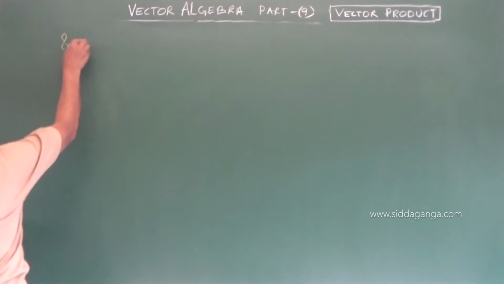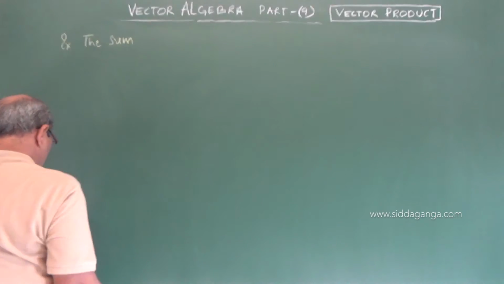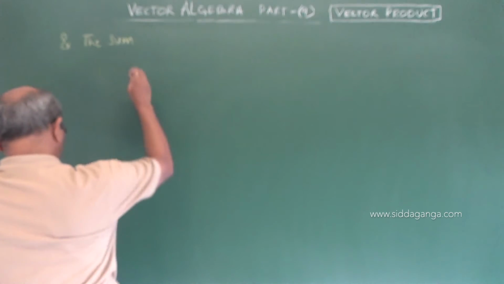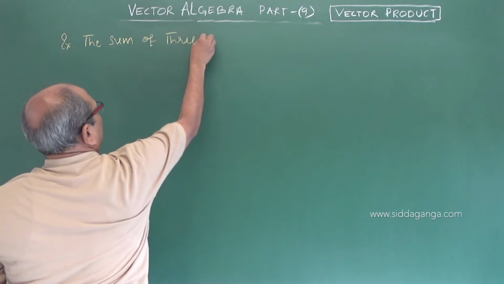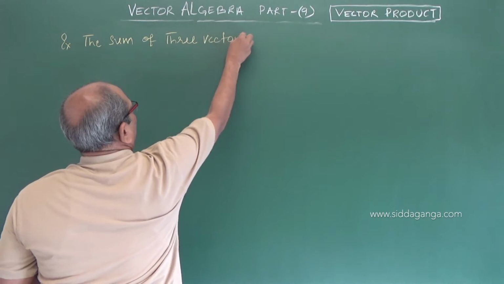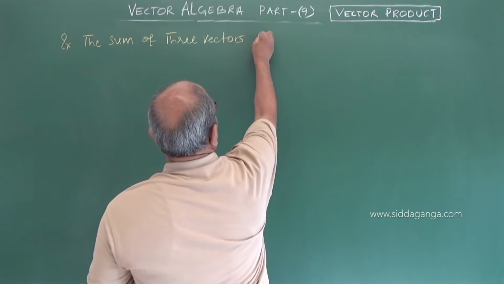Let us come to another problem. The sum of three vectors is 0.